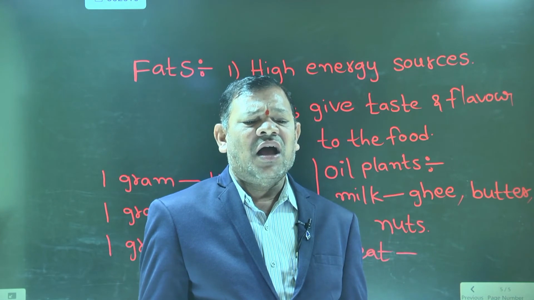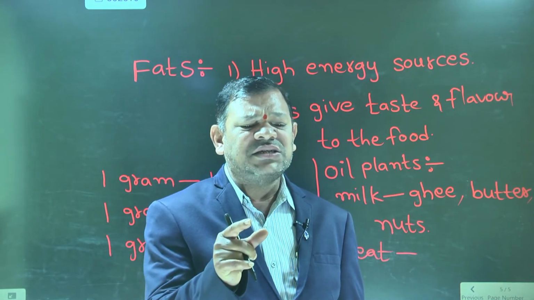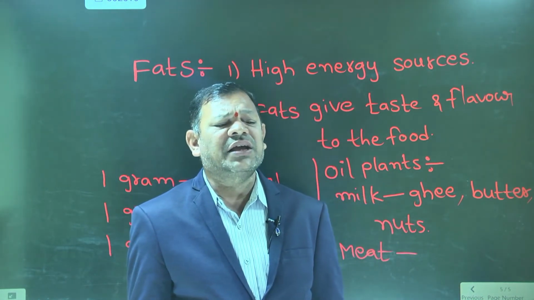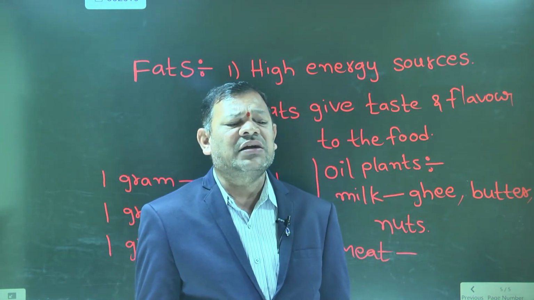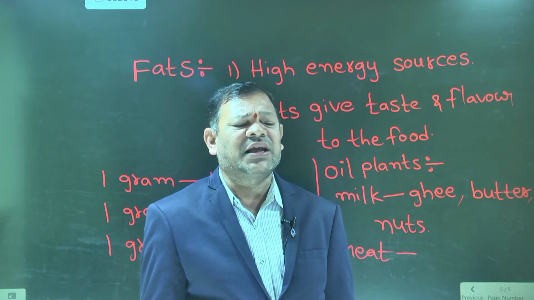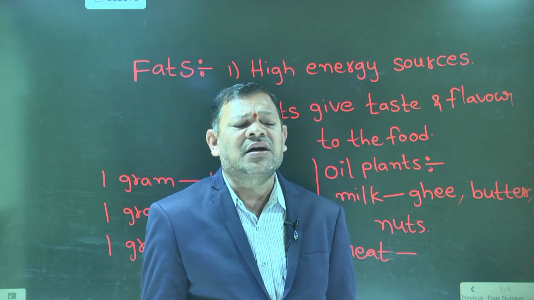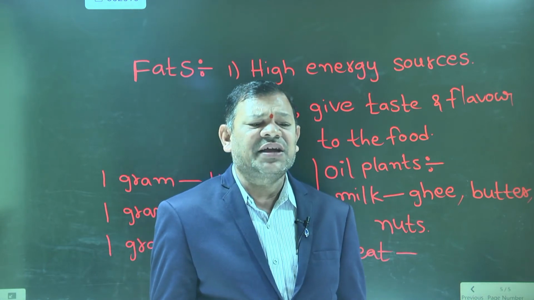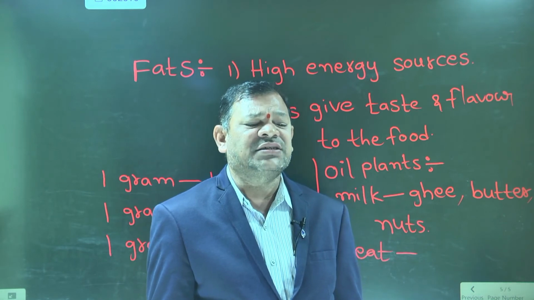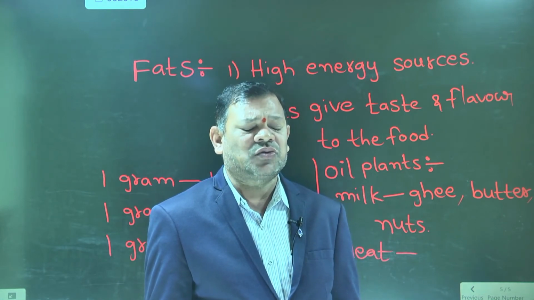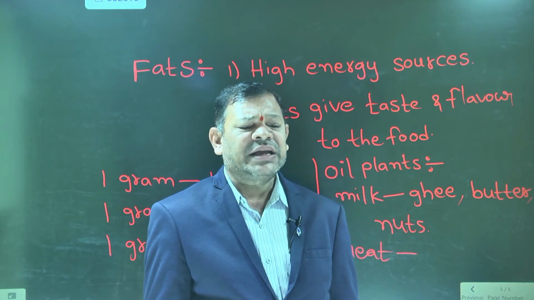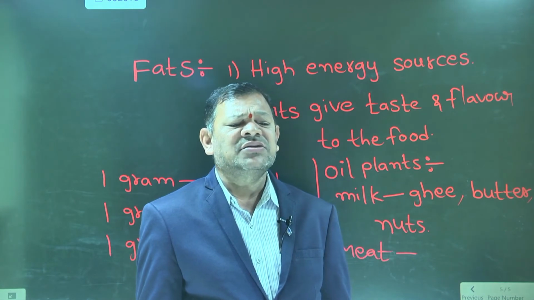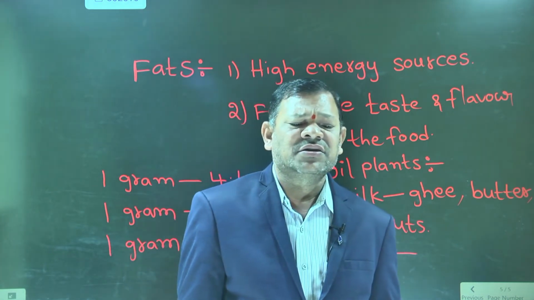So that's why, however much of a nutrient is required, taking that much is good. If you take an excess amount of anything, that is hazardous to the organism. Especially if you take a high amount of fats, you get heart strokes, heart attack, kidney problems, cardiovascular diseases, and so many health problems.